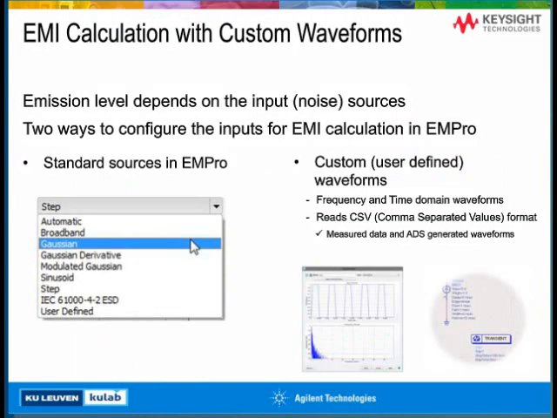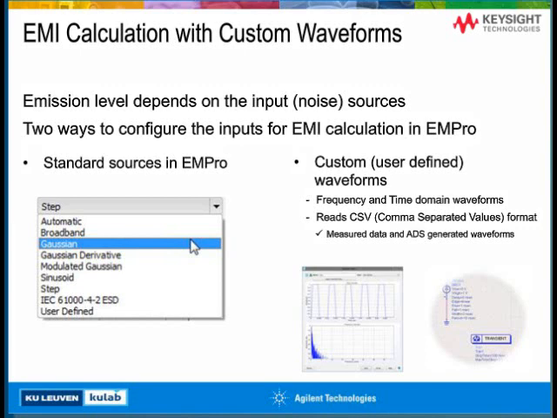When we calculate the emission level, for accurate EMI calculation, we really need to have correct input sources or noise sources. There are two ways to configure the inputs in the EMPro environment. One is just going with the standard sources. As you can see here in this slide, there are various types of sources available: Gaussian, sine wave, step source, and ESD sources.